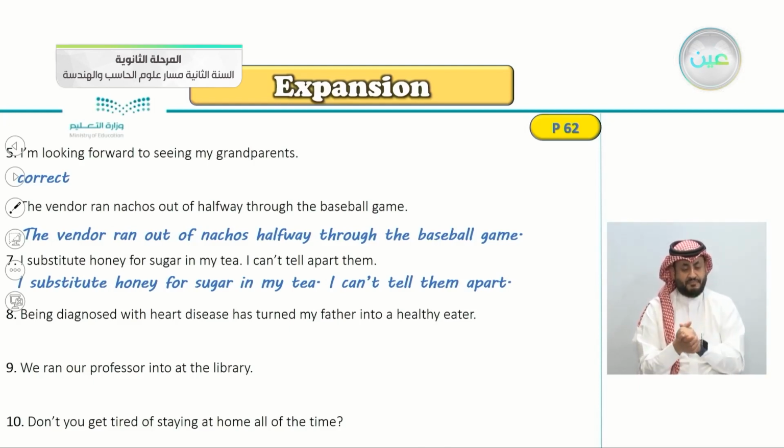Number 8: Being diagnosed with heart disease has turned my father into a healthy eater. Number 8 is correct. Turned my father into. There's nothing wrong here.